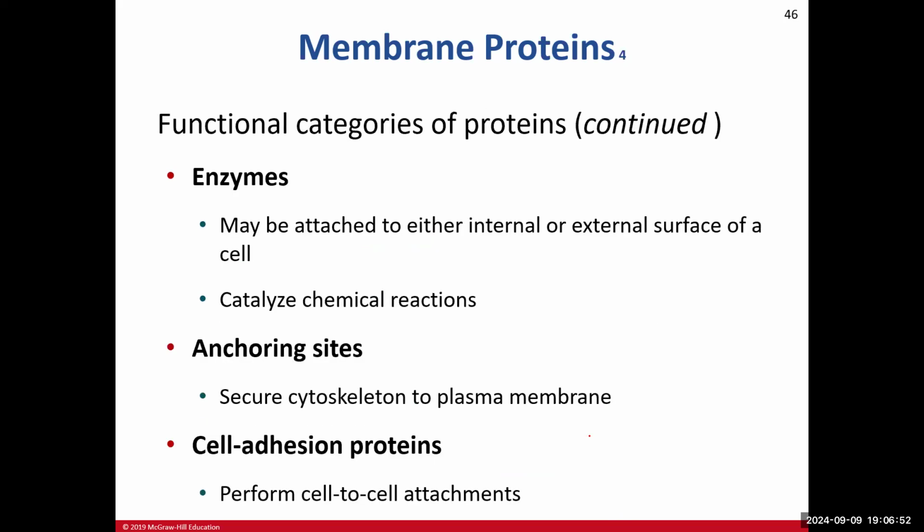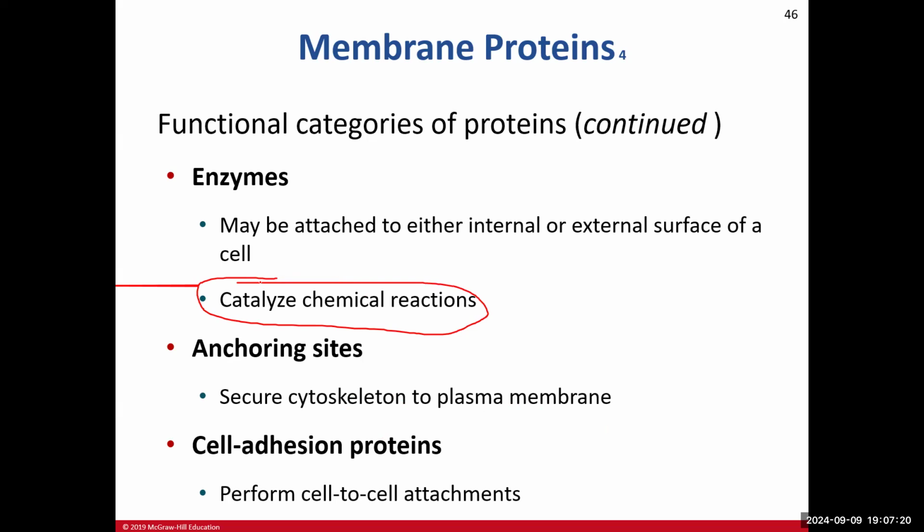Enzymes are another function of proteins. And so enzymes, what is their purpose? Their purpose is to catalyze chemical reactions. So what does that mean? It's much easier to start a fire with a lighter than it is to rub two sticks together. That's what a catalyst does. It helps to initiate a chemical reaction more easily, with less energy.